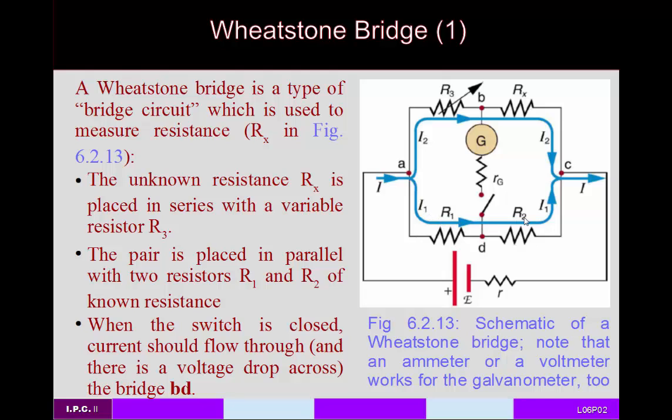I1 runs through R1, R2, and I2 runs through R3, Rx. And the voltage drop across R3, Rx and the voltage drop across R1, R2 must be equal when this is open, because R3, Rx and R1, R2 are in parallel with each other when the bridge is gone.